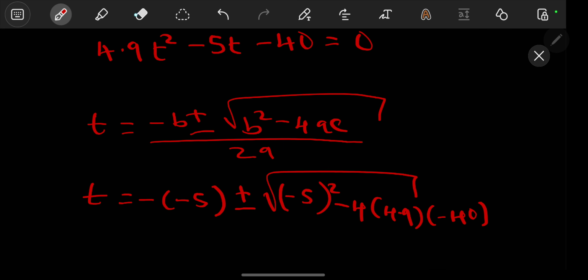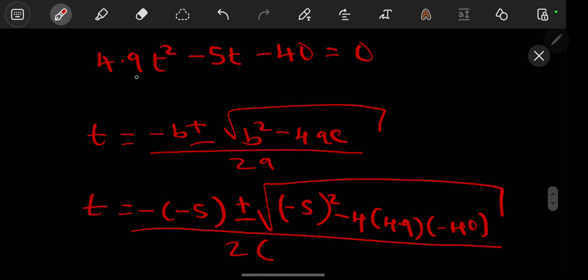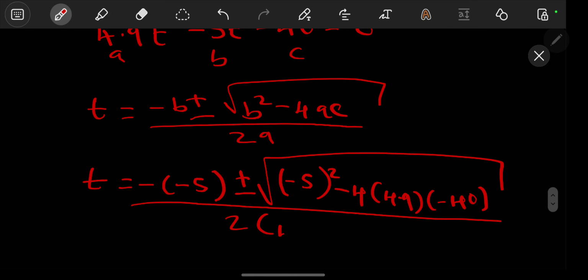So with that, over our 2a. According to this, this is our a, this is our b, this is our c. So our a is equal to 4.9.